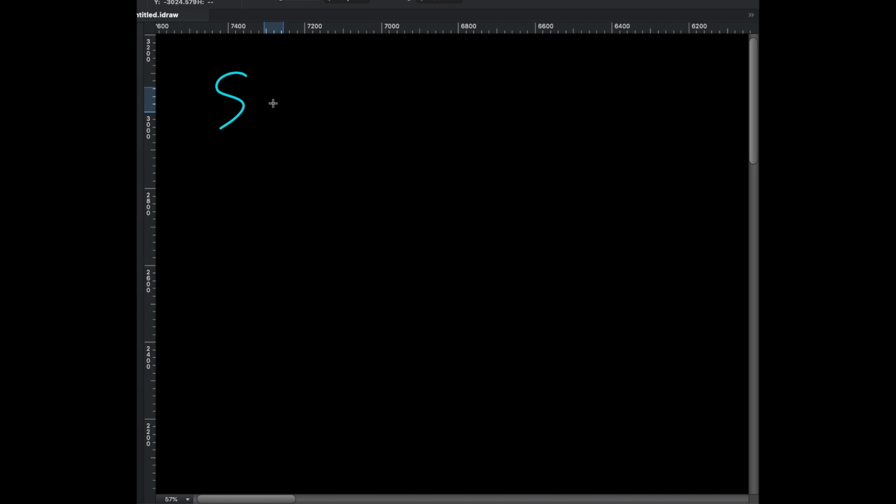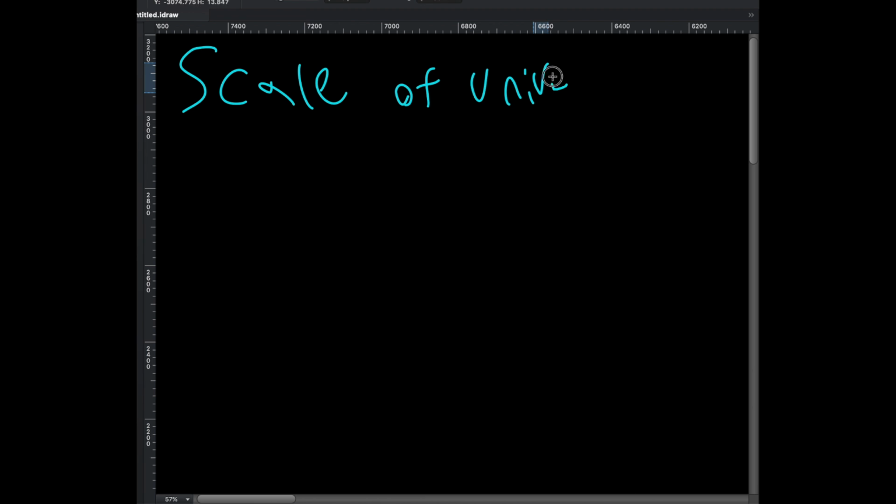Scale. Whoa. Hold on. Just get organized here on my desk. So let's try that again. Scale of universe. Whoa, that's bright.